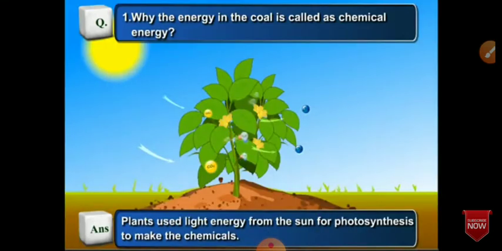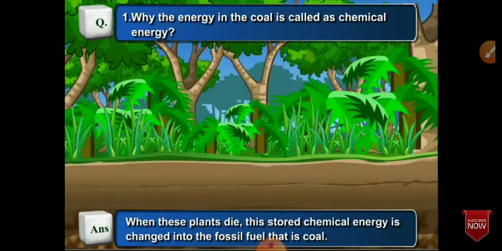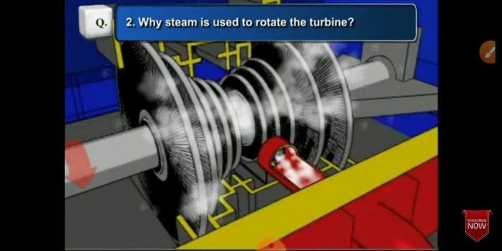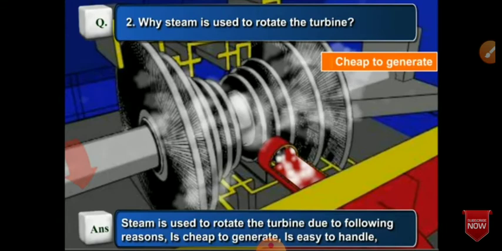Coal is a fossil fuel. This coal comes from plants. So these plants die and the stored chemical energy changes to fossil fuel, that is coal. So the energy which comes from coal is called chemical energy. Here steam is used to rotate the turbine.